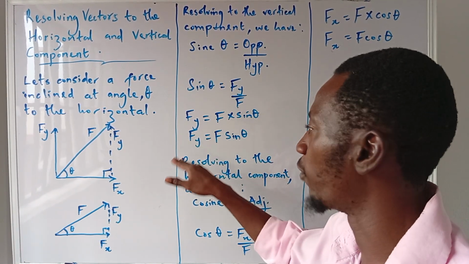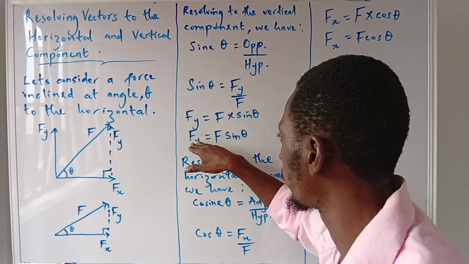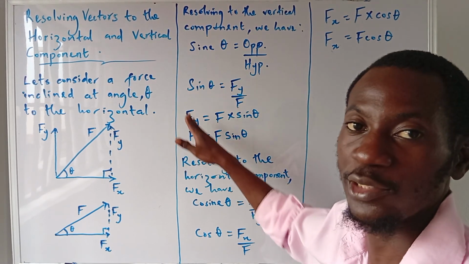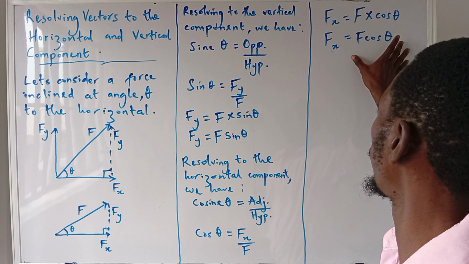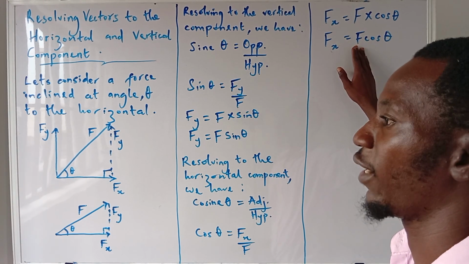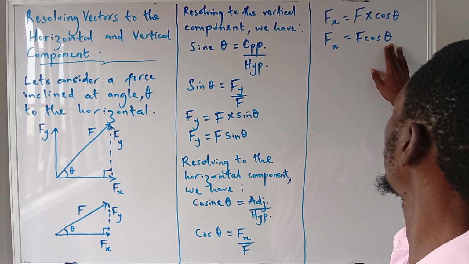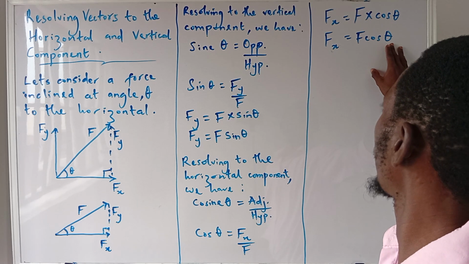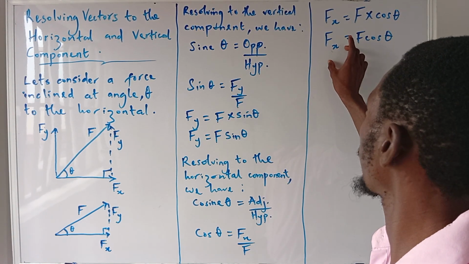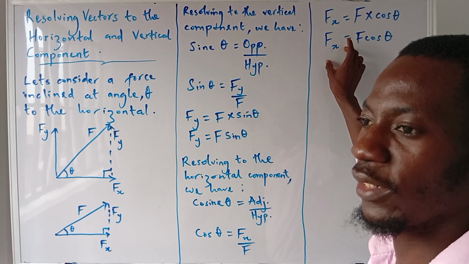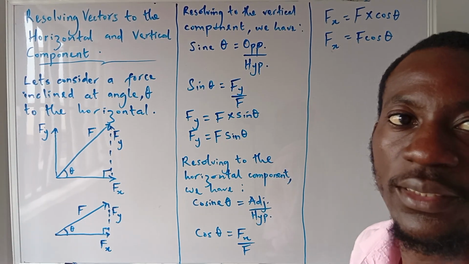The value of the force in the vertical direction will be given. And the same thing can be done here. If you substitute 10 for F and 30 for theta and do the calculation, the value of the horizontal component of the force will also be gotten.